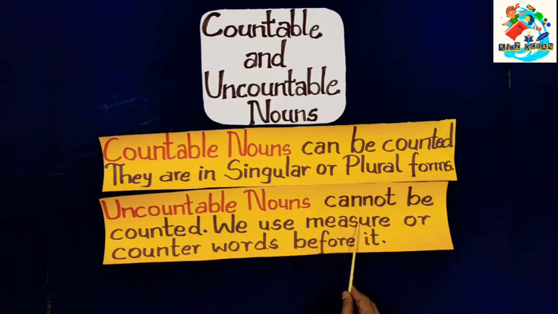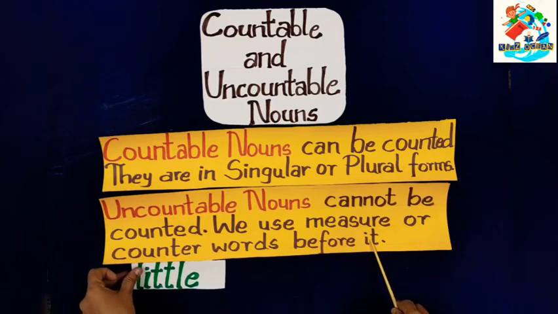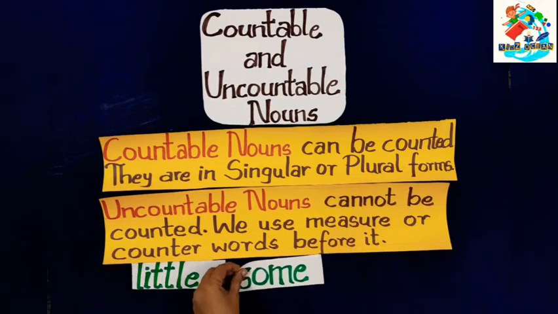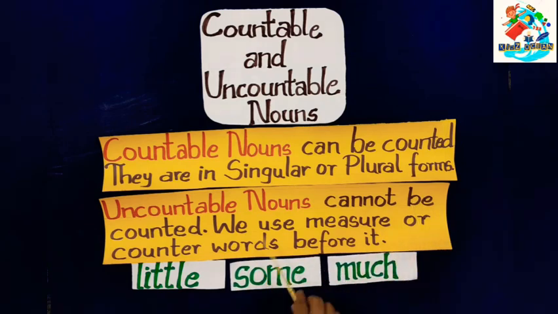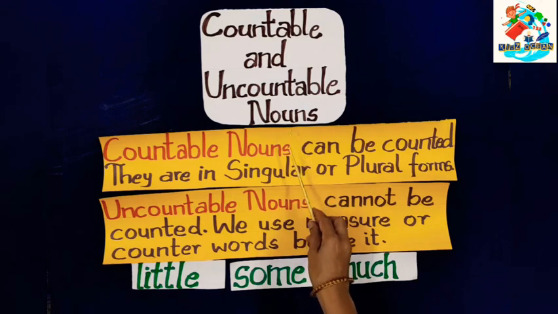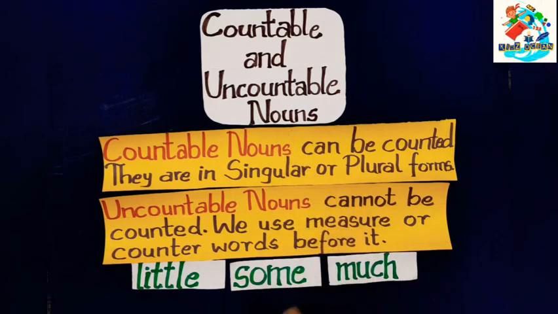We use measure or counter words before them, for example, little, some, much, etc. before the uncountable nouns. Now you understood, children, what countable and uncountable nouns are? There are so many things in our environment.